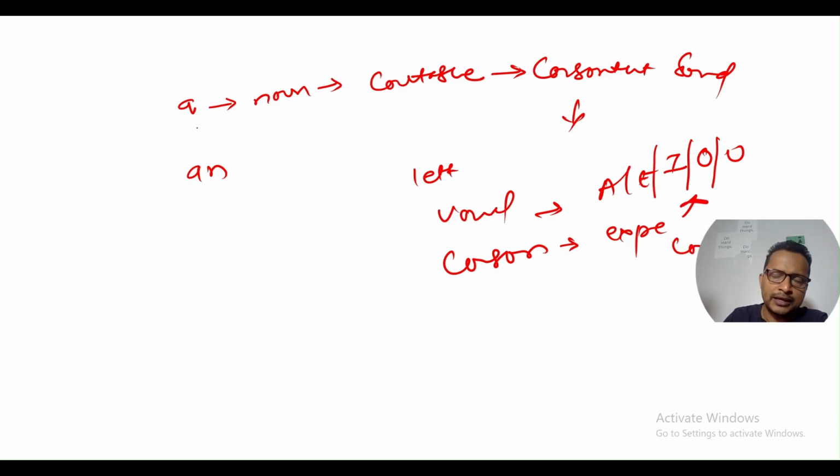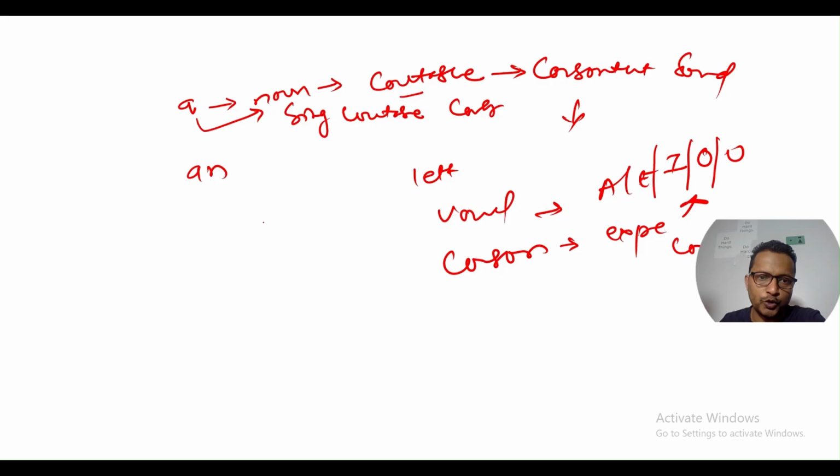So what I mean by consonant sound is that a will be used in front of a singular countable noun which starts with a consonant sound. For example, boy. In our previous example, boy is a countable noun that starts with a consonant sound. It's not the letter that decides, it's the sound that decides.